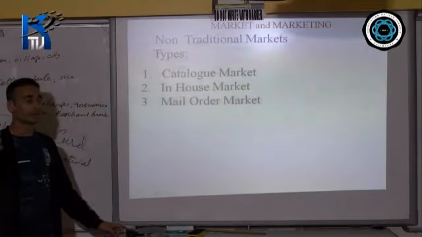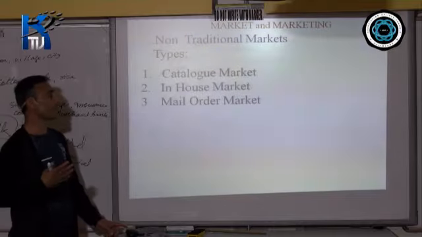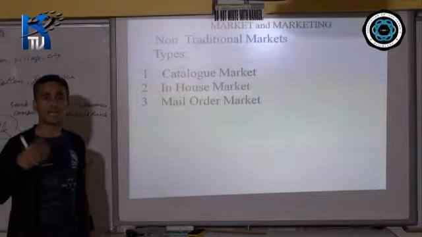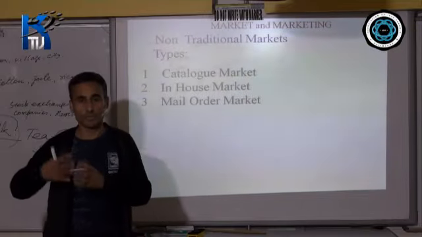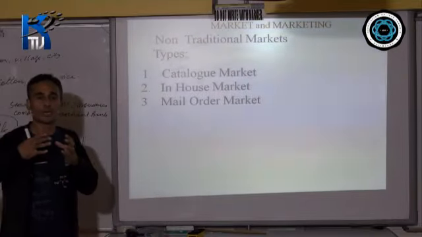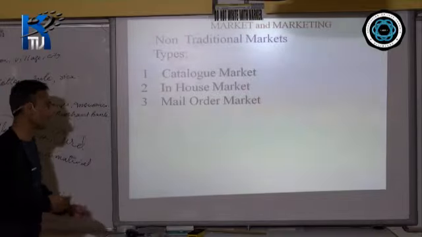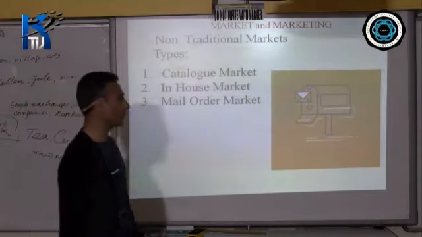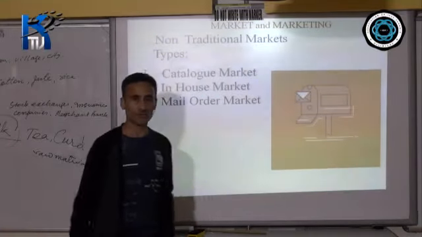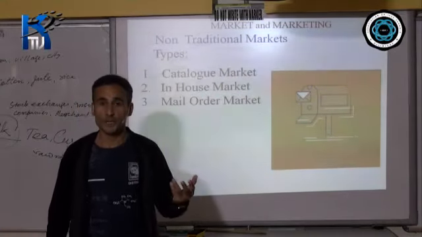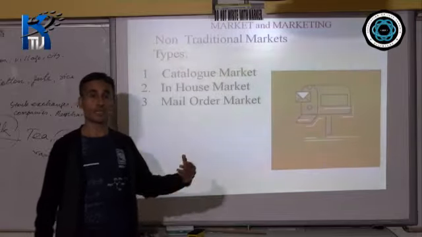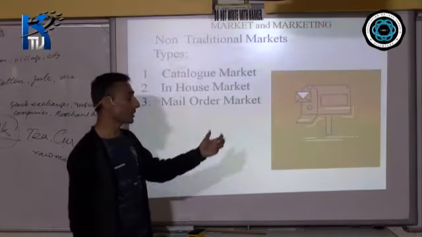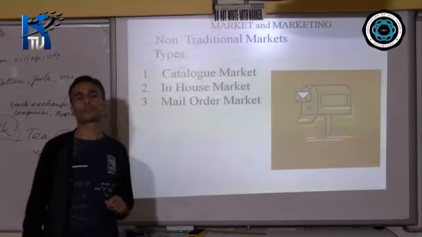Then we have the other kind of market, non-traditional market, where the buyers and sellers establish a relationship in a different way. Here, the communication takes place through the post office. This communication may take place through email. A letter will be sent to the prospective buyer.